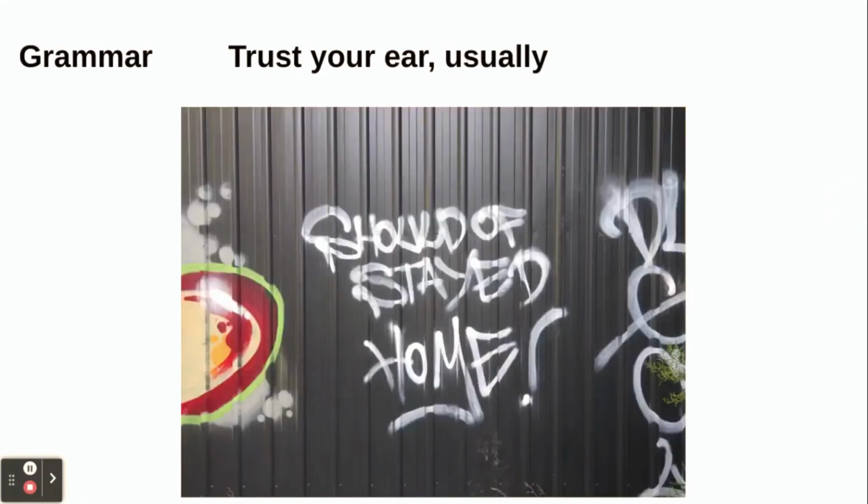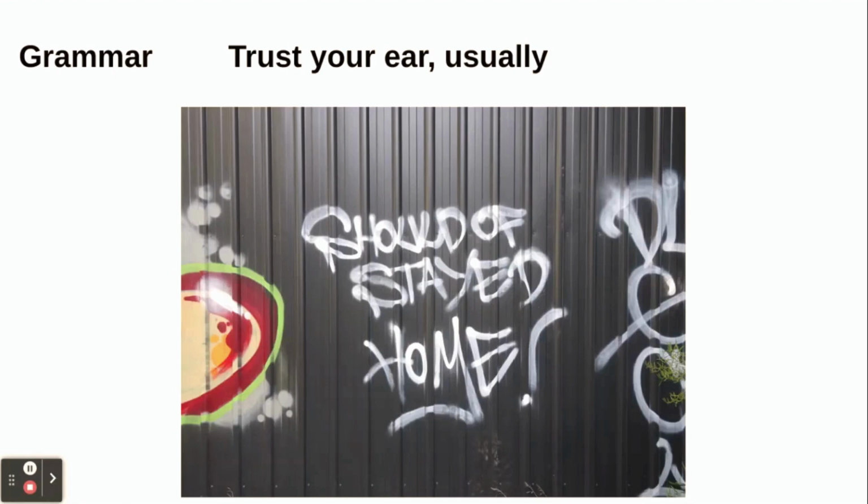Trust your ear for grammar usually. Oftentimes, if you're just like, oh, I don't know if that's the right tense, or I don't know if that's saying it correctly, if you say it aloud to yourself, usually we use relatively decent grammar, but the reason that "usually" is in there is because this graffiti is an excellent example.